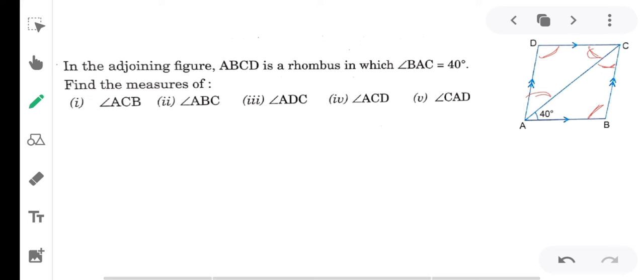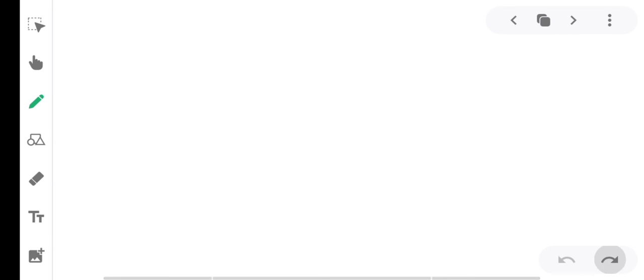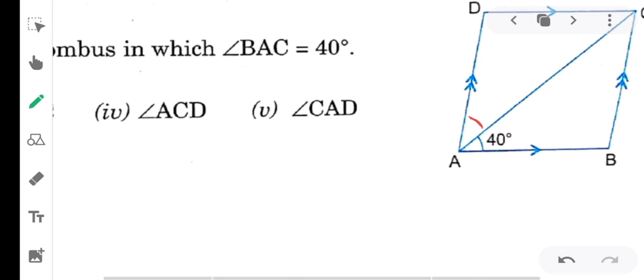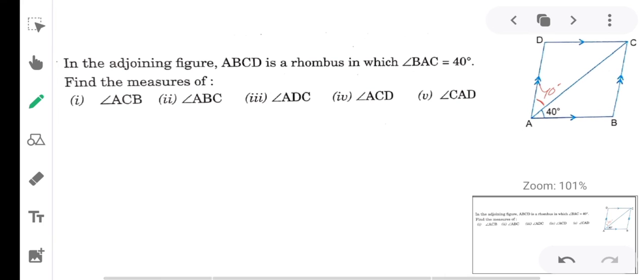So ABCD is a rhombus where BAC is given, that is 40 degrees. If you remember, the diagonals of a rhombus bisect the angles. That's why these two angles will be the same. That means this is 40 degrees. Clear?